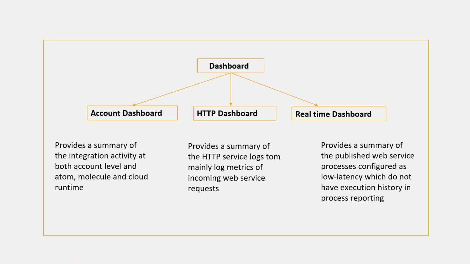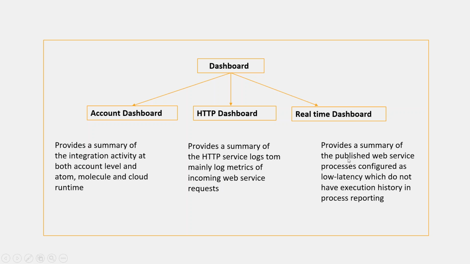As we discussed, the dashboard is of three types: account dashboard, HTTP dashboard, and real-time dashboard. The account dashboard provides a summary of the integration activity at both the account level and the atom, molecule, and cloud runtime. The HTTP dashboard provides a summary of the HTTP service logs, mainly logging the metrics of incoming web service requests.